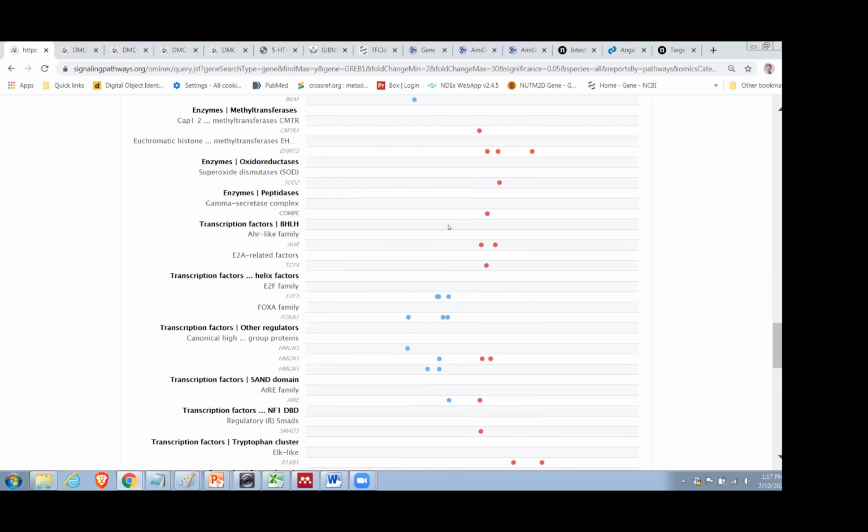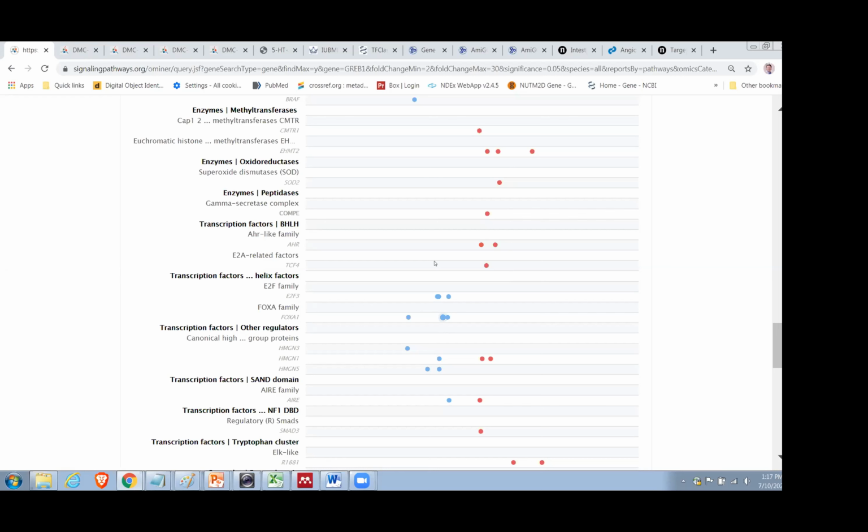So that would imply that within the cell, FOXA1 acts to increase expression of Rebl. So it's a positive regulatory relationship. If you looked at that on its own, that would be one thing.